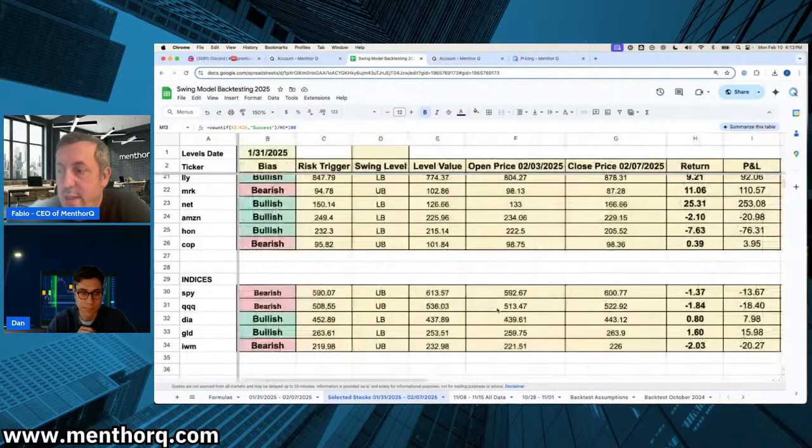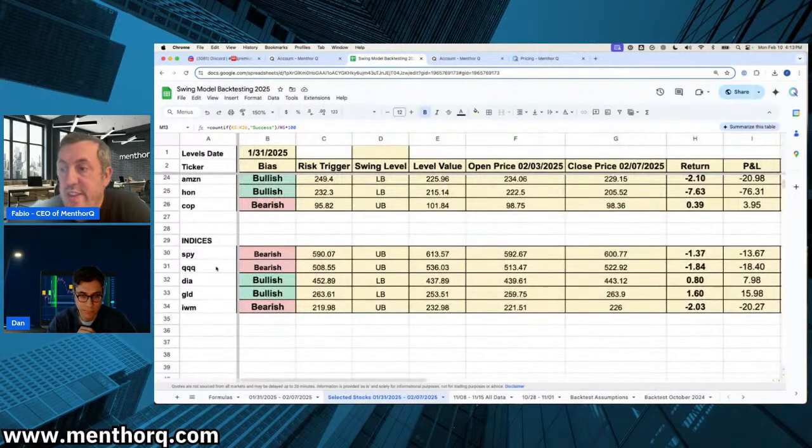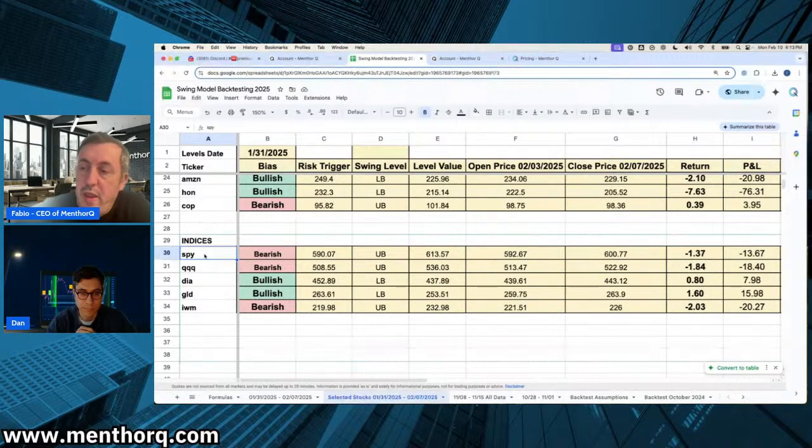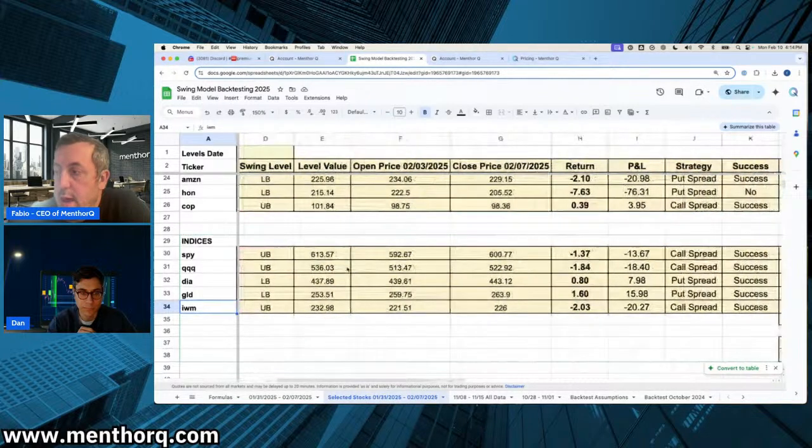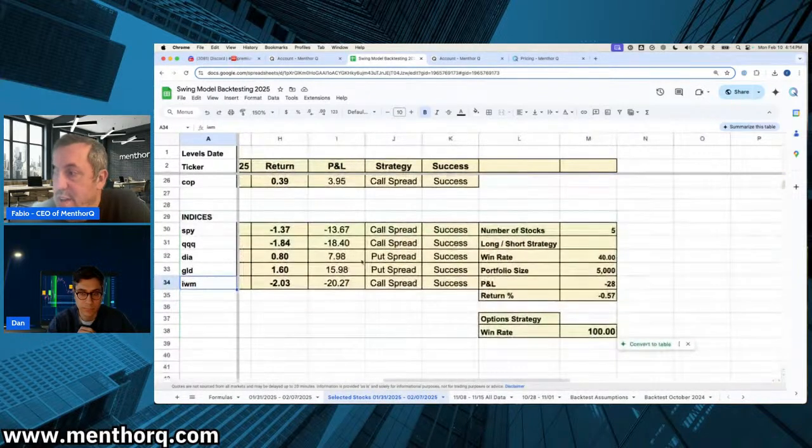The third basket is done on indices, right? So a lot of our users, they trade obviously SPX, QQQ, SPY, Gold, IWM. So we took basically these indices. We did the same principle, right? And then we see obviously that our long short only had a win rate of 40%. Our return overall was minus 0.57%, so almost zero performance.